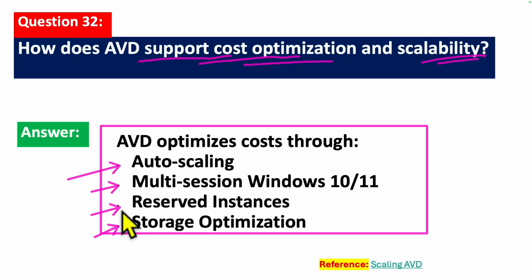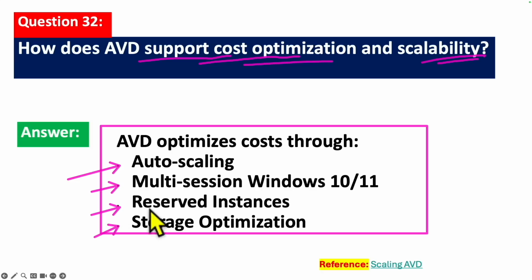And the next one is the storage optimization. We talked about FSLogix. So this is where it is going to utilize FSLogix in combination with Azure Files to minimize the storage cost by efficiently managing user profiles and data. FSLogix containers improve the performance of the profile loading and application data, while Azure Files provides the scalable, because we need to address the scalability part in the question as well.